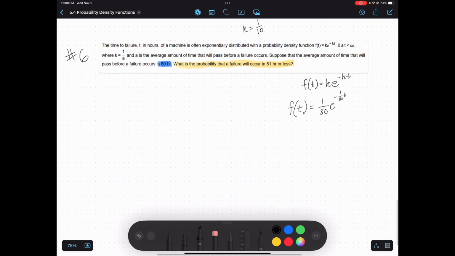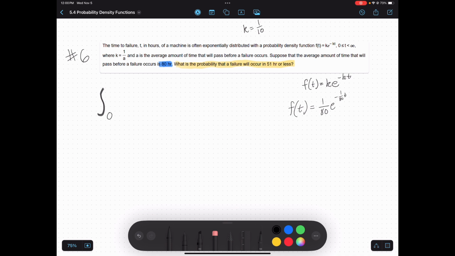So that's what we're going to do. We're going to find the area under this function from, what's my interval? If I'm looking at 51 hours or less, I'm going from my very lower bound, which is 0, to 51. What equation am I integrating? I'm integrating the probability density function. Okay, so now I've set it up.